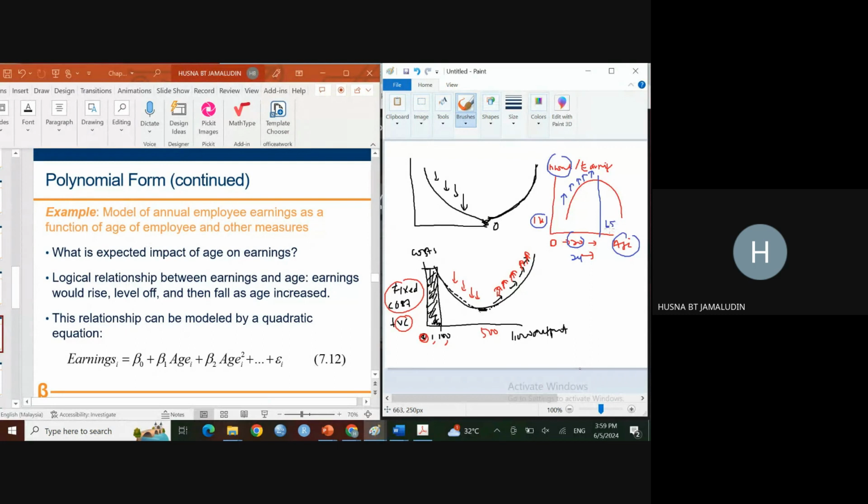At the age of 65, this is the retirement age. We assume that if you still continue working, your earning will fall. Why is that? Because at this age, the older you get, your productivity will fall. You cannot be as efficient as when you were 30 or 40.